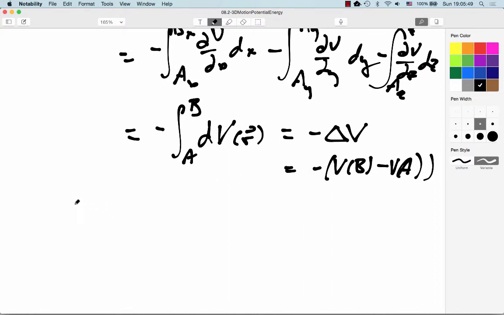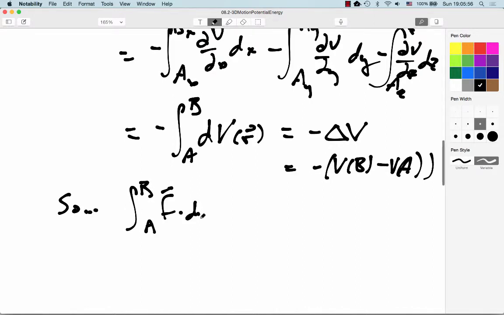So what we have is the integral from a to b of F dot dr is the change in the kinetic energy, as we already saw before. That's also equal to the negative of the change in the potential energy.